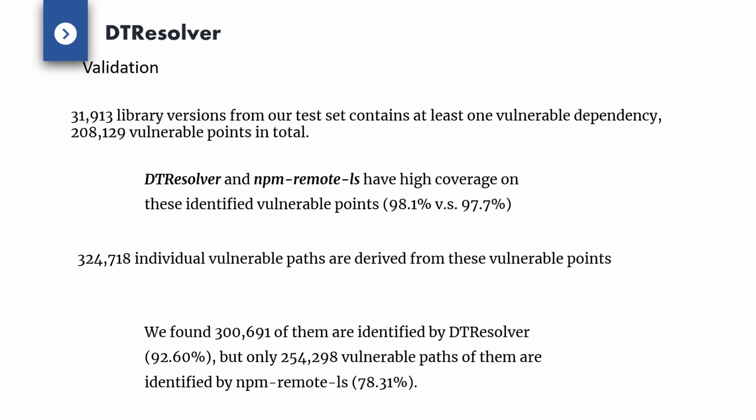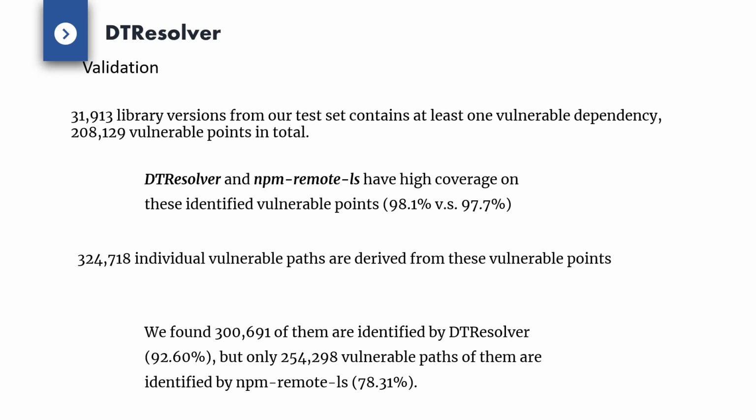DT-resolver finds 98.1% of the vulnerabilities reported by NPM audit, and NPM Remote LS finds 97.7% of them. As for vulnerable paths, DT-resolver still has a high coverage that 92.6% of the vulnerable paths are successfully identified, while NPM Remote LS can only find 78.3% of them.